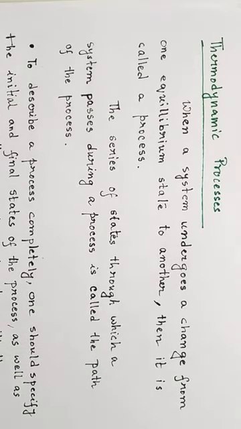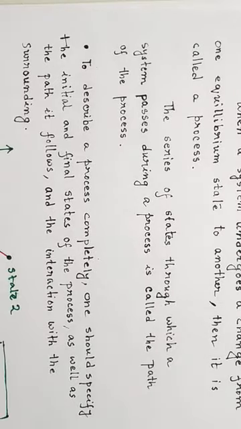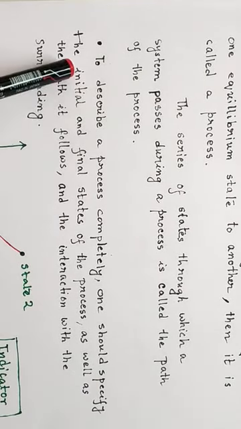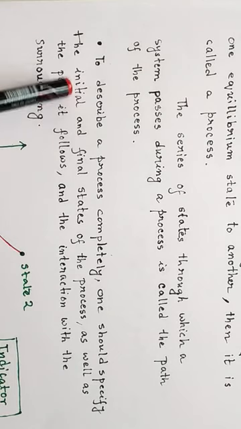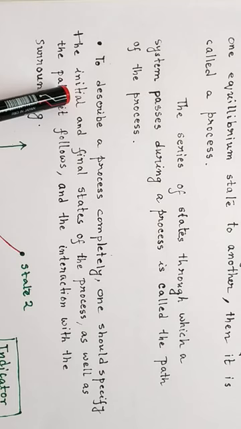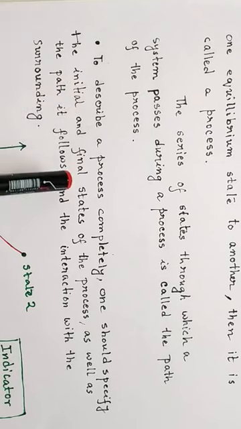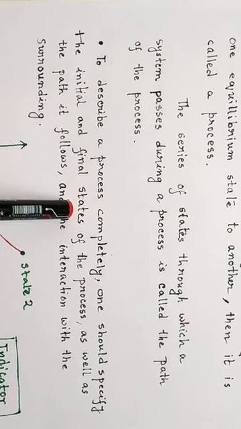Now to describe the process completely, we have to specify the initial and final state. That is, we have to state what the pressure, volume and temperature are at the initial state, and the values of other thermodynamic variables, and the same goes for the final state.